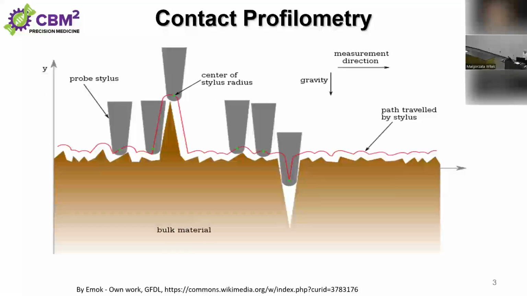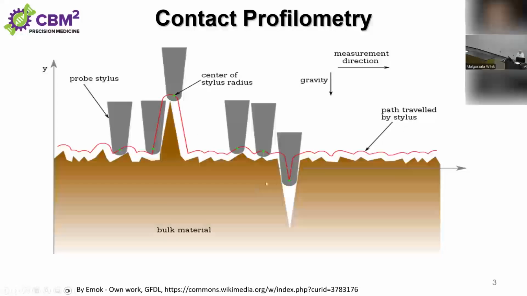So this is contact profilometry. Nothing really complicated about this. You take a tip and run it over the surface, and it goes up and down to follow the contours of that surface. But there are some things you should always be aware of. It looks at the height of that stylus, and from that it deduces the morphology of the surface, the roughness.